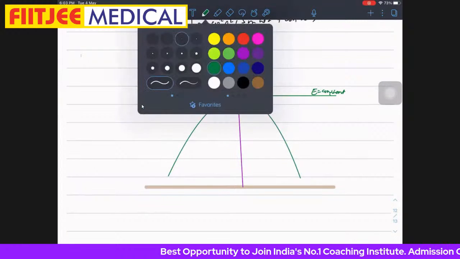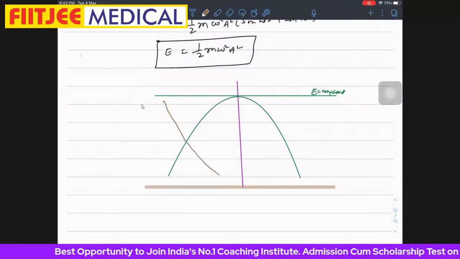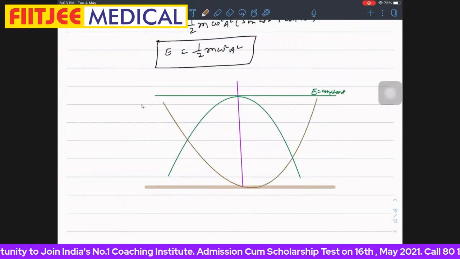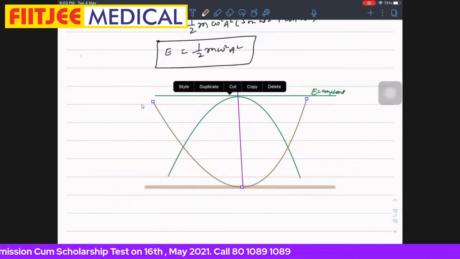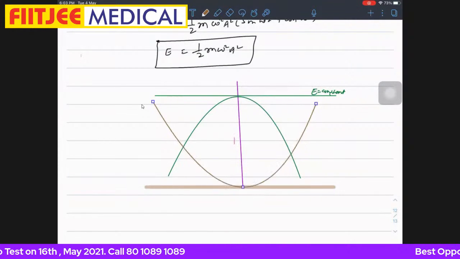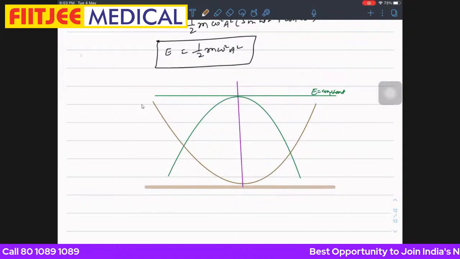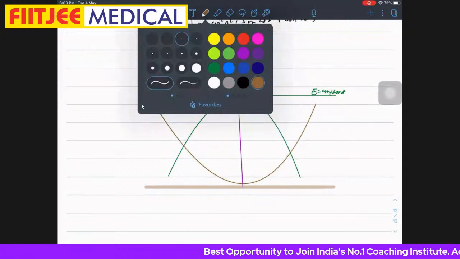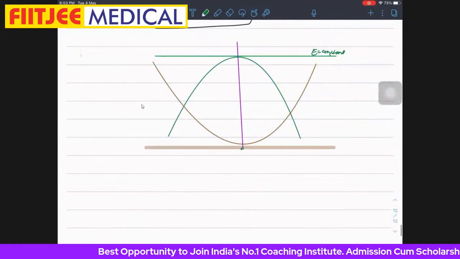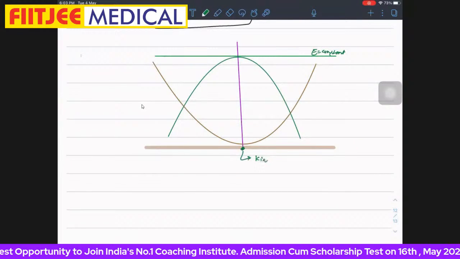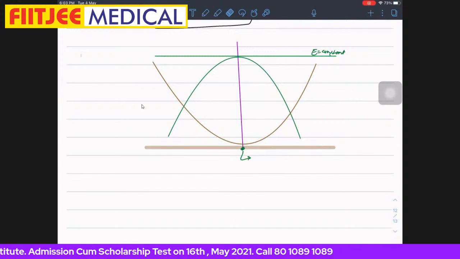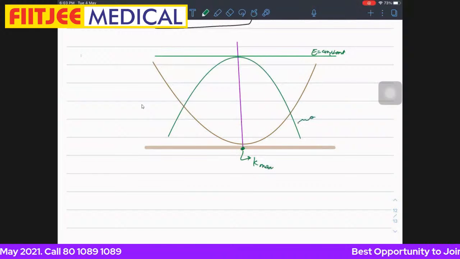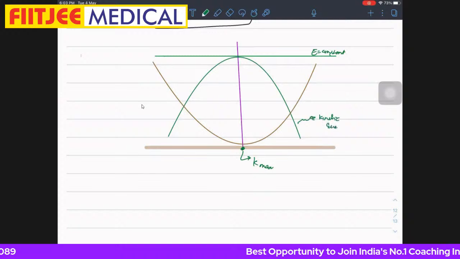This is potential energy. Remember this, at the mean position, kinetic energy is maximum. Right, in simple manner, kinetic energy is maximum. This graph represents kinetic energy. You can see at the mean position, kinetic energy is maximum.